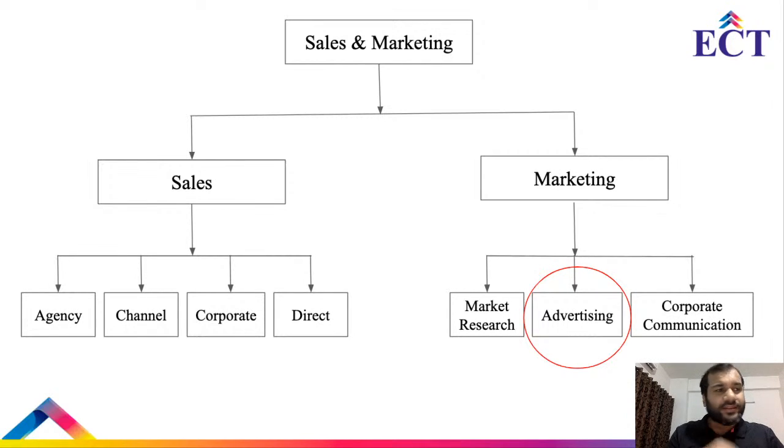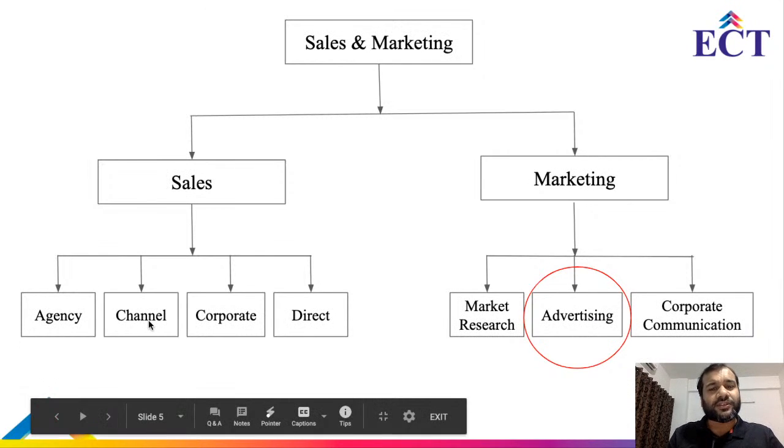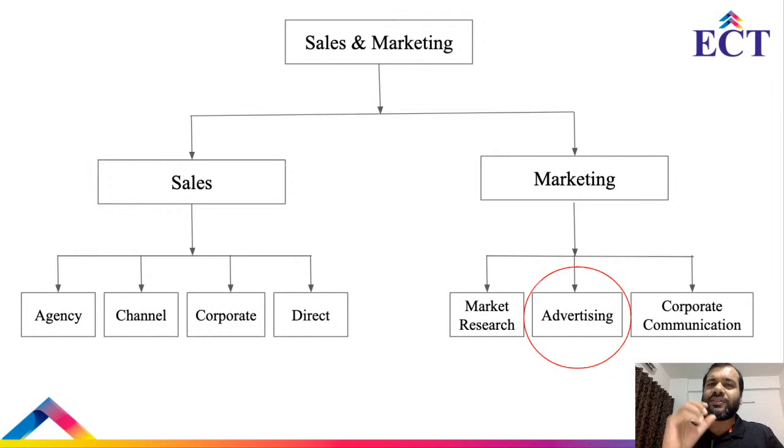Sales has an entirely different department. It is further divided into various sub departments like agency sales, channel sales, corporate sales, and direct sales, depending on the kind of business, the size of business, the nature of business. It depends on various factors.